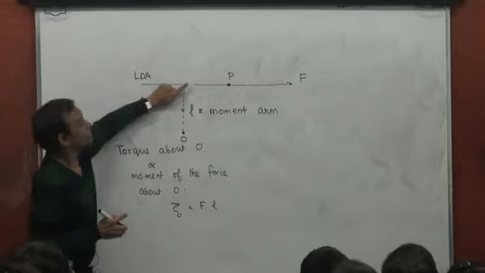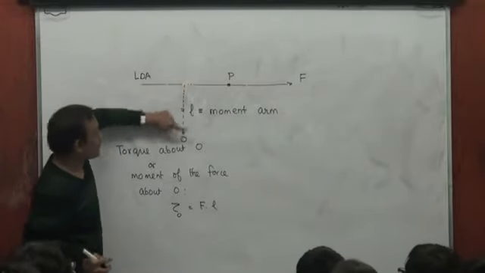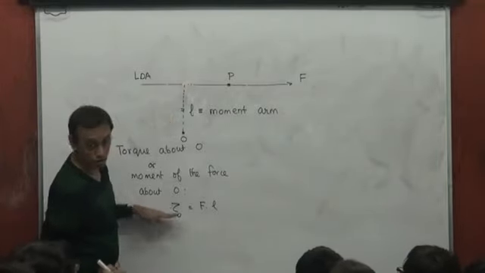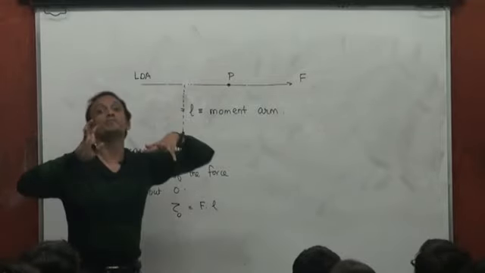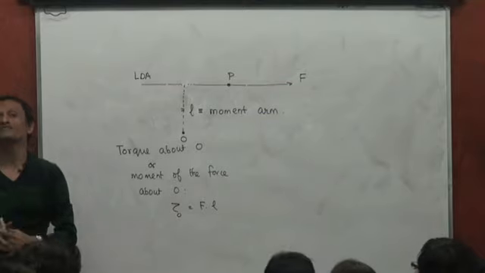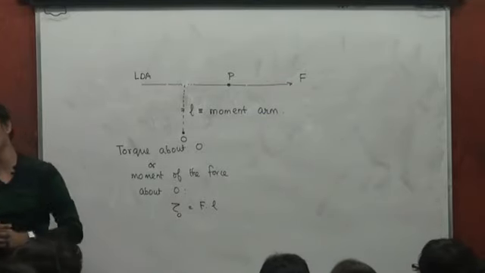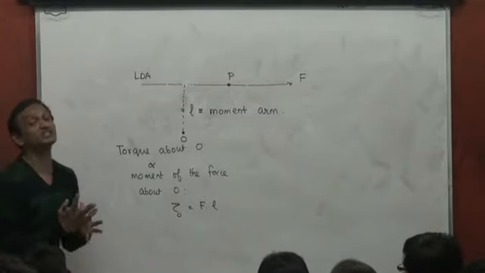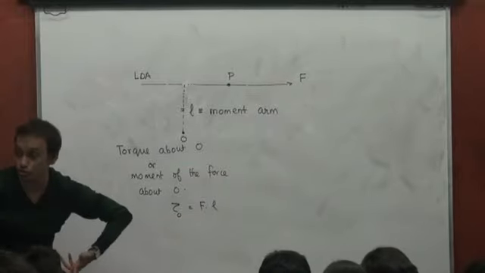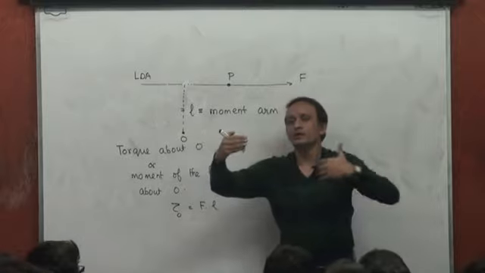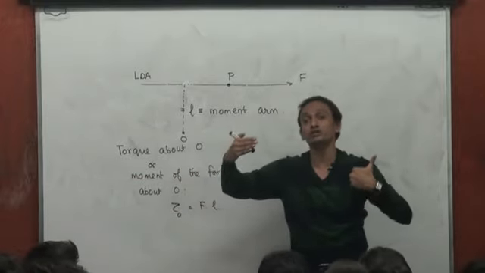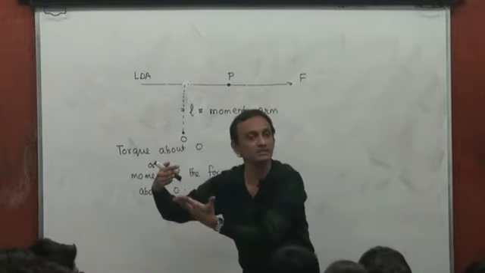The torque produced by a certain force about a point O is a measure of the turning effect of the force about O. The force F acting on a rigid body will cause acceleration of the center of mass.